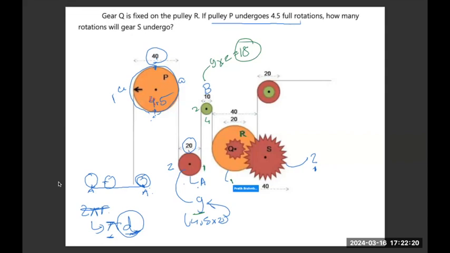Why? Because the diameter is 4 times. So since B is undergoing 18 rotations, R will undergo 18 divided by 4, which is equal to 4.5 rotations.